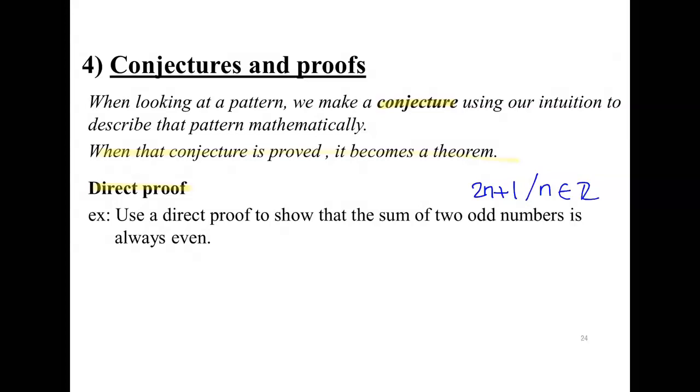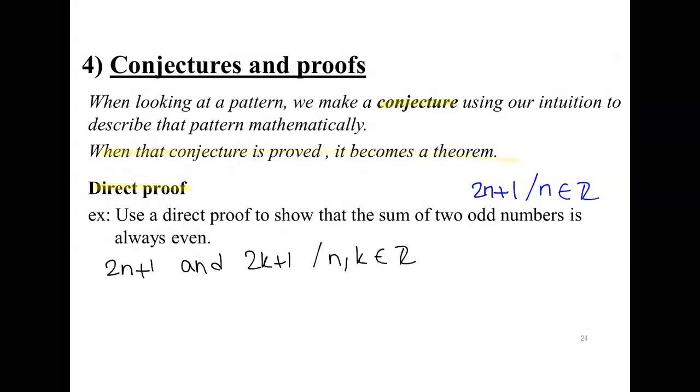In order to prove that the sum of any two odd numbers is always even, we just take two odd numbers, 2n plus 1 and 2k plus 1, where n and k are integers. As you notice here, I've used two different parameters, n and k. For the second one, I cannot also use n, because if I use n, I'd be adding that odd number to itself.